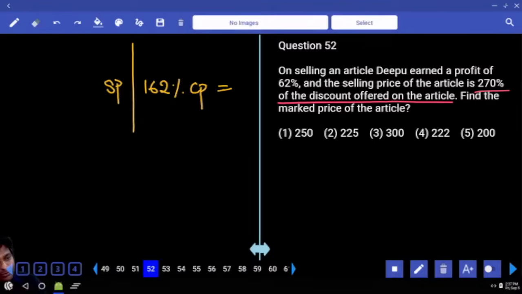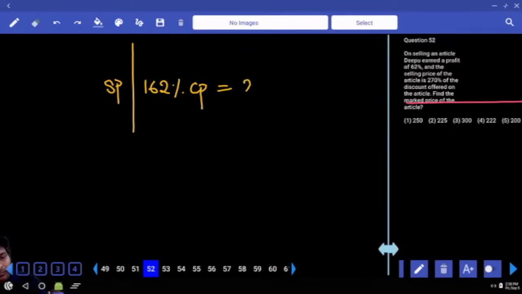This will be equal to discount offered. Fine. 270% of the discount. Actual discount offered will be 100% of the discount. That is equal to how much? Let's calculate it.